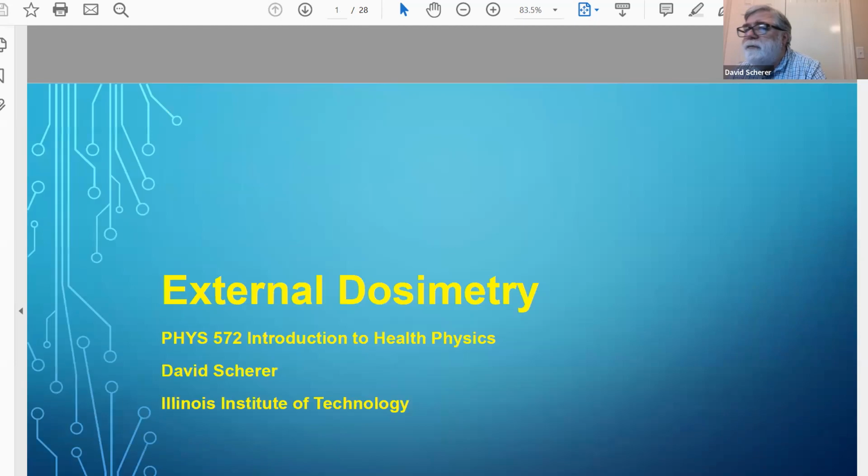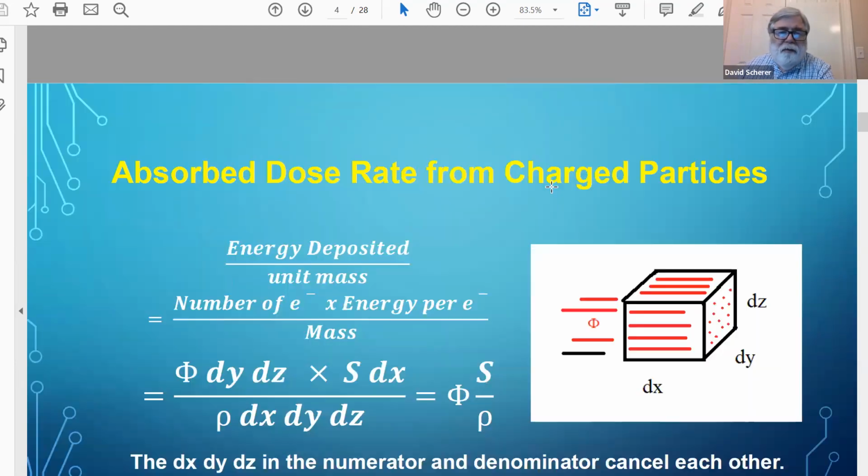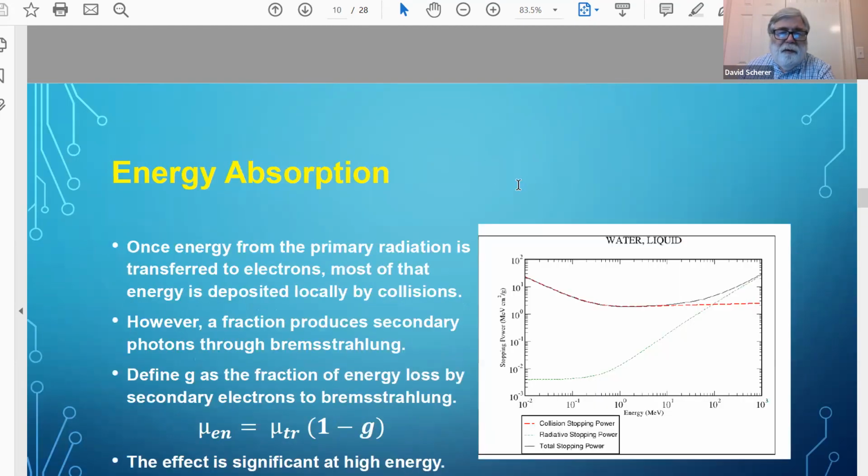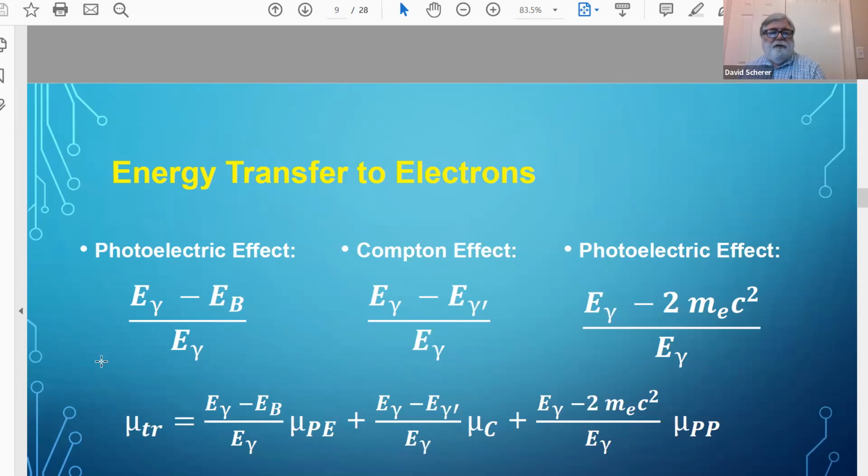external symmetry. Okay, so we said that the Kerma is, you use all these factors, right? So you multiply the photoelectric effect by what fraction of energy is transferred, same thing for Compton effect, etc. For the problem we have, this requires some knowledge of what the mu's are.